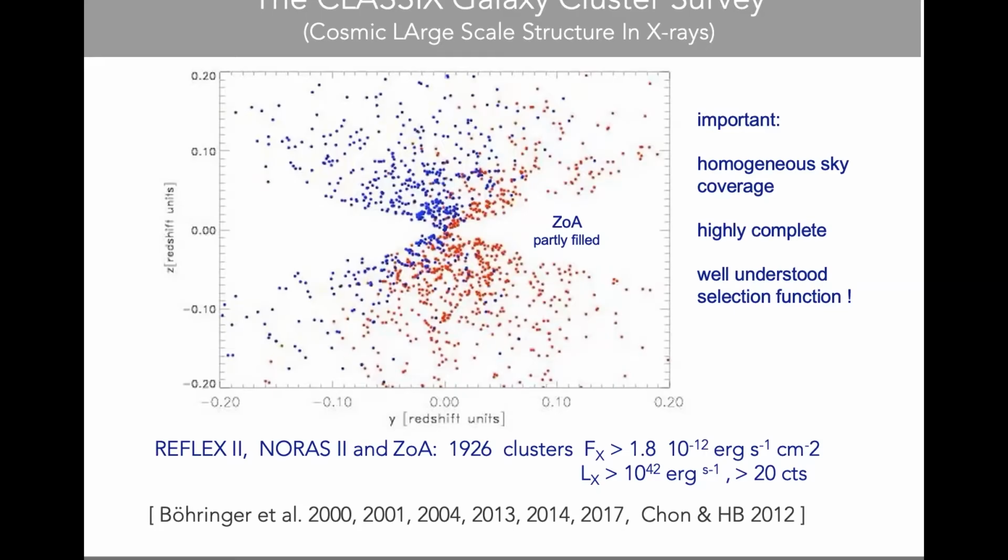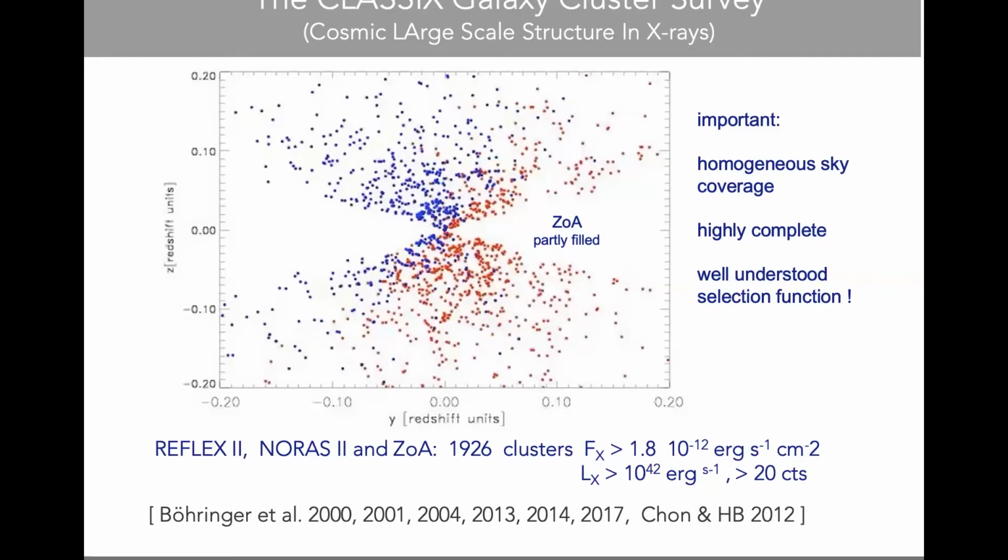Going from the highest X-ray flux down, we have identified about 2,000 galaxy clusters in the survey by verifying optically that they are really galaxy concentrations in 3D, and we also measure the redshift in the optical. With several tests we show that we are most probably much more complete than 90% as a flux-limited survey.